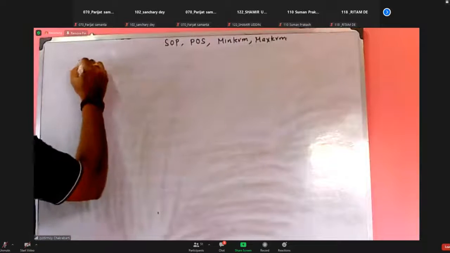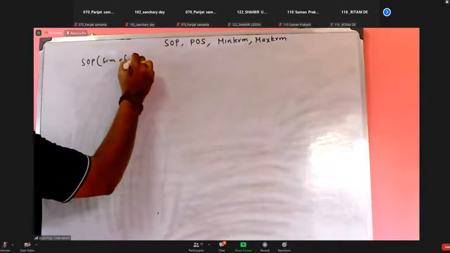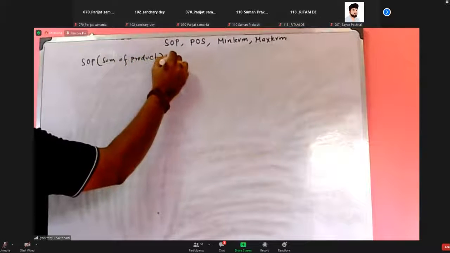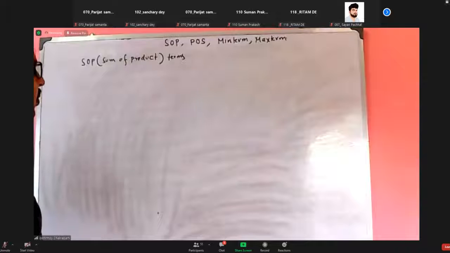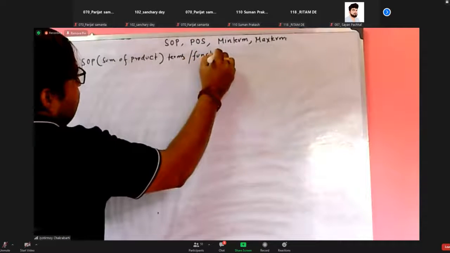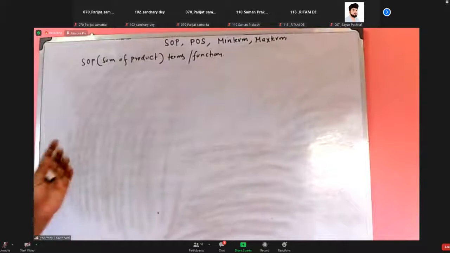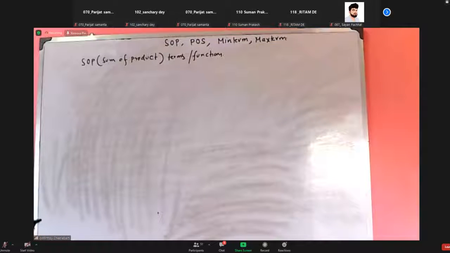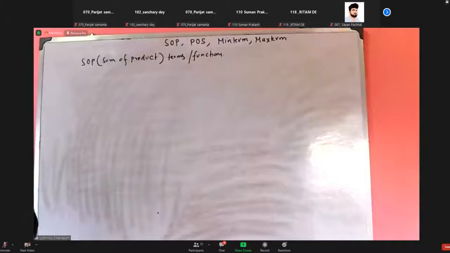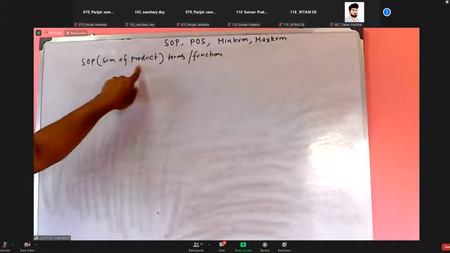So SOP or sum of product terms or functions. Okay, so which type of Boolean functions can be called sum of product functions? So sum of products, you think from the right hand side.